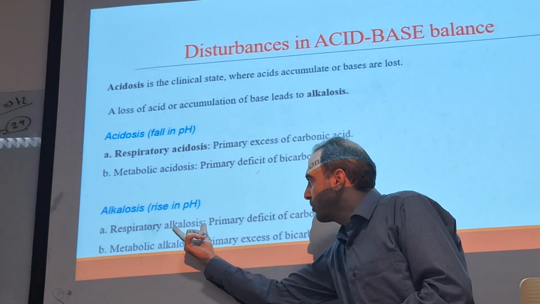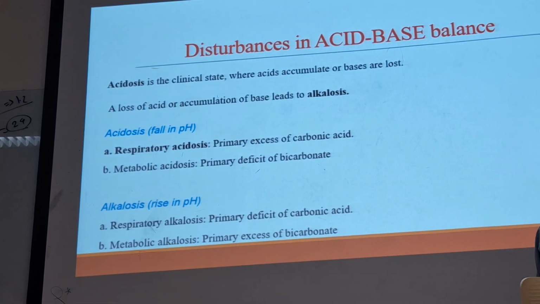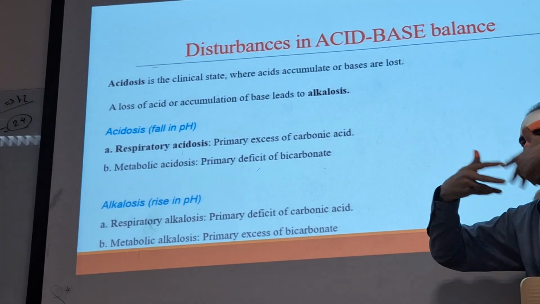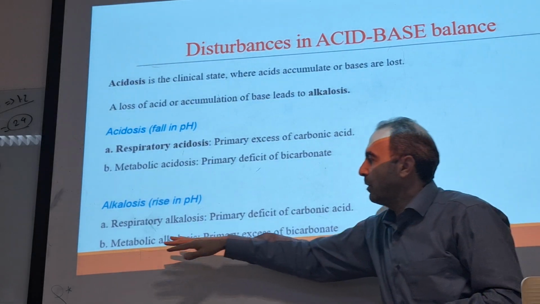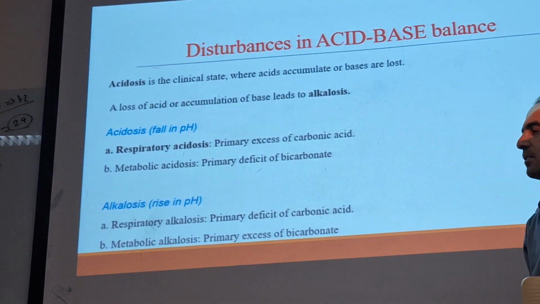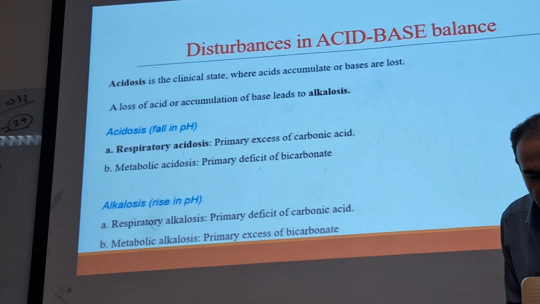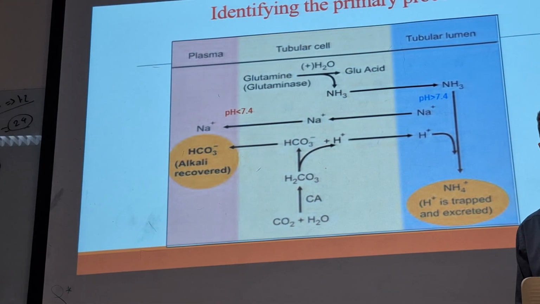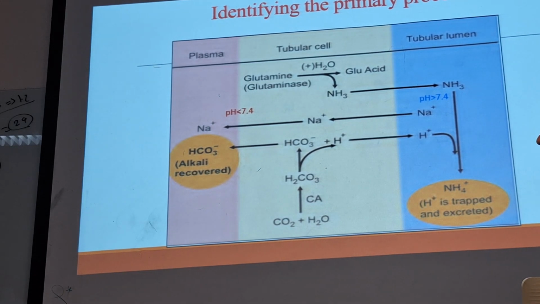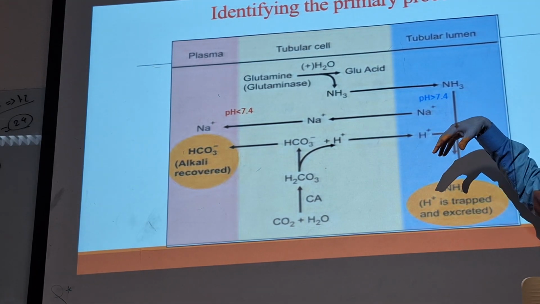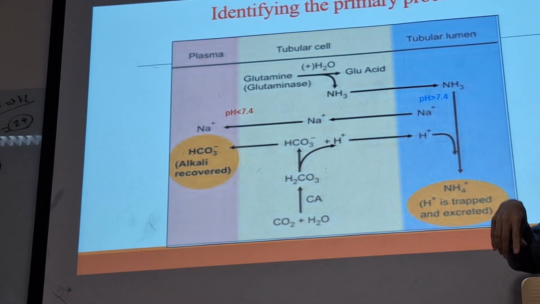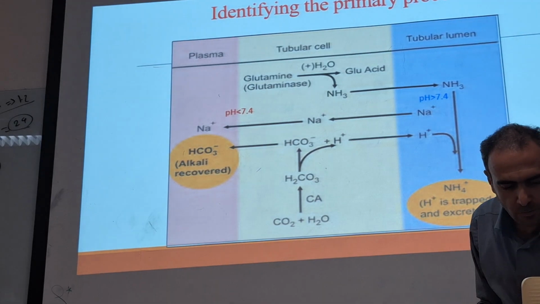In respiratory alkalosis, we have a deficiency in carbonic acid. We excrete too much CO2. And in metabolic alkalosis, we have an excess of bicarbonate. We can't excrete bicarbonate through the kidney. You will learn about this process in the next slide. I will do it again.